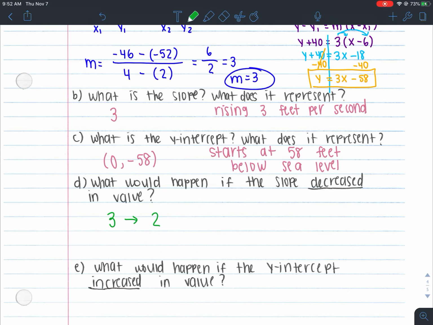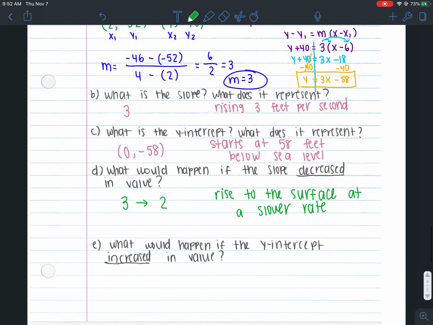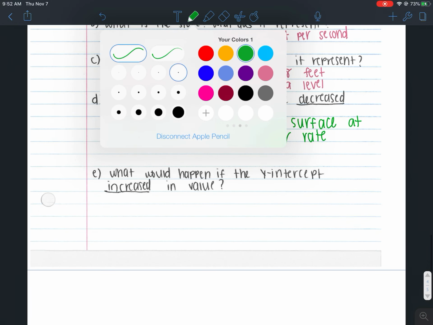That means if we decrease the slope, he would rise to the surface at a slower rate, because right now he's going 3 feet per second, but if we make it 2, he's rising even slower. What happens if we increase it? If we increase it to like 5, he'd be rising 5 feet per second, which means he's going much faster. That's what I mean by what happens if you decrease or increase.